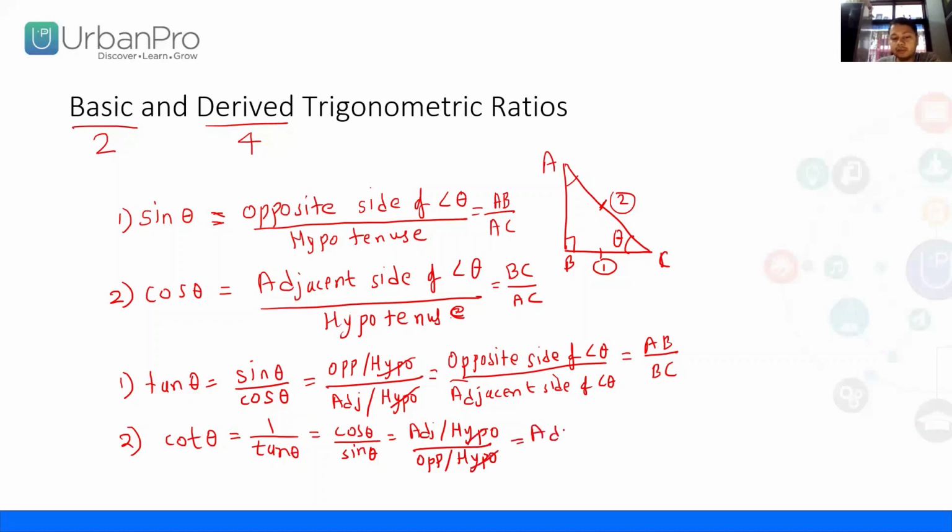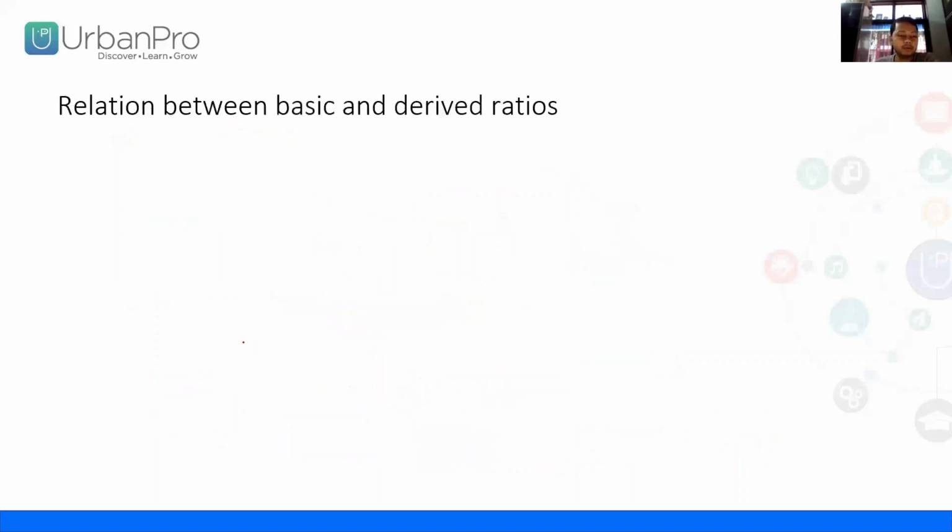Again the hypotenuse cancels, and we get the adjacent side of angle theta divided by the opposite side of angle theta. The adjacent side is BC and the opposite side is AB. Got it? So tan theta and cot theta are just inverses of each other. Whatever tan theta is, the inverse of it will be cot theta.